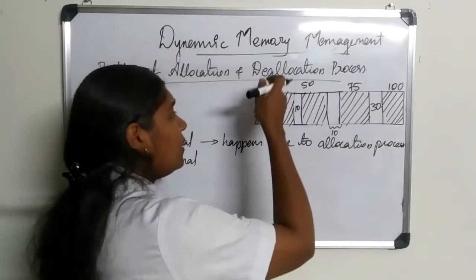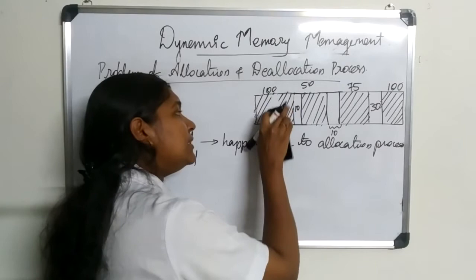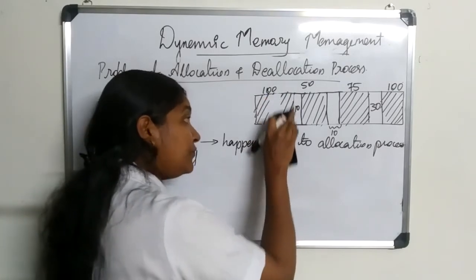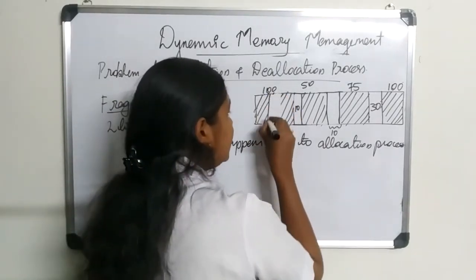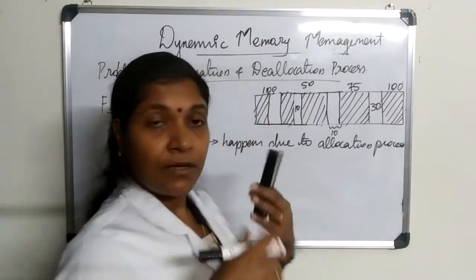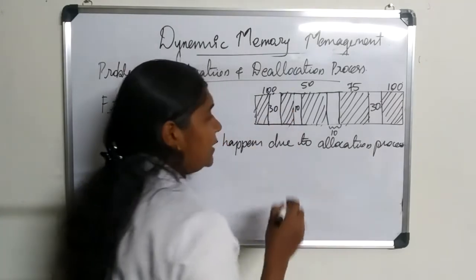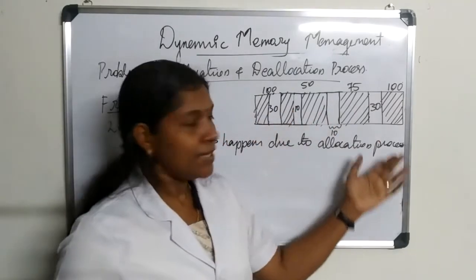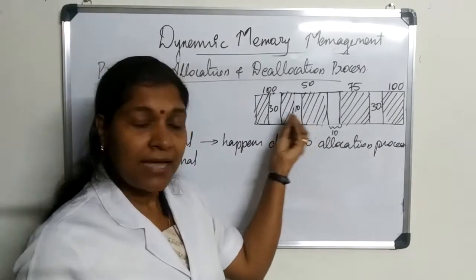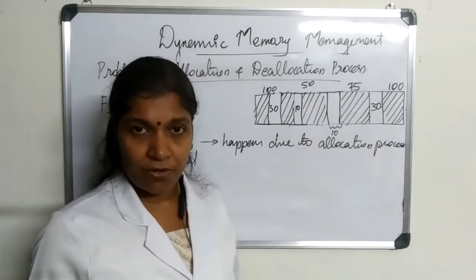Then again, out of this 100 bytes of memory, in between some 30 bytes are freed, because that 30 bytes is no longer required in the program. So in between the allocated area, some holes are created here and there because of the deallocation process.